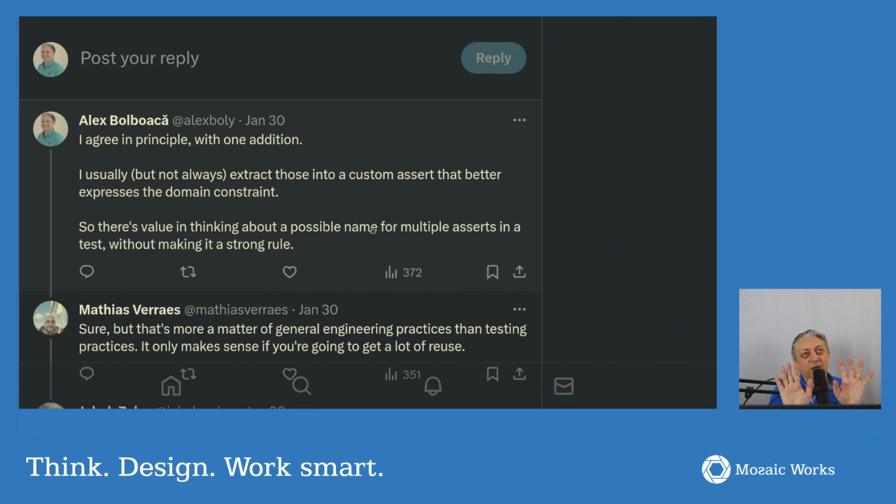Because remember, one of the reasons we are doing this is to have a decoupling between the test code and the production code. We want, when the production code changes, to only change the minimum amount of test code that we need to. And this is a general principle that's really good.